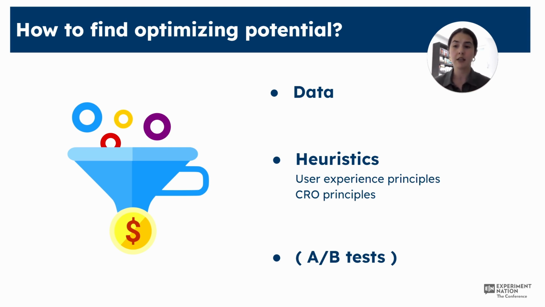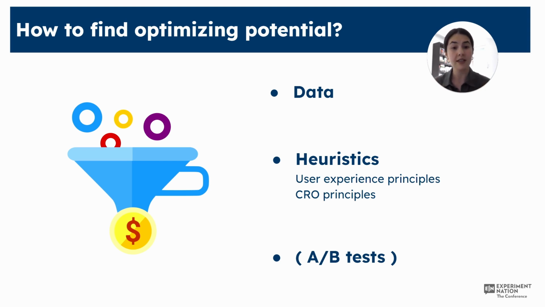Now, data really helps you stay on the path of objectivity, and it helps you move away from personal opinions. On the other hand, we use heuristics, which is a fancy way of saying that you assess your website, or in this case, forms, by relying on your professional opinion and on your experience.